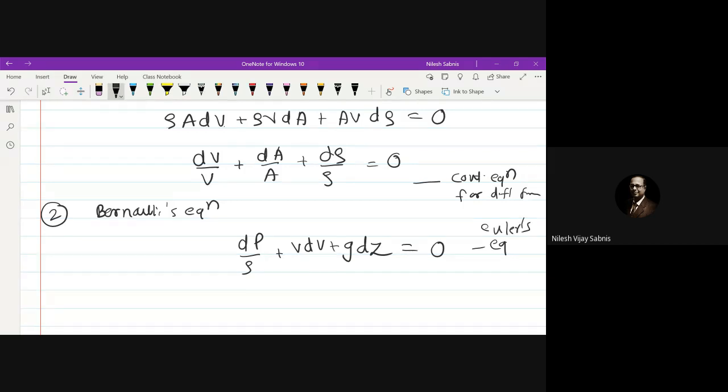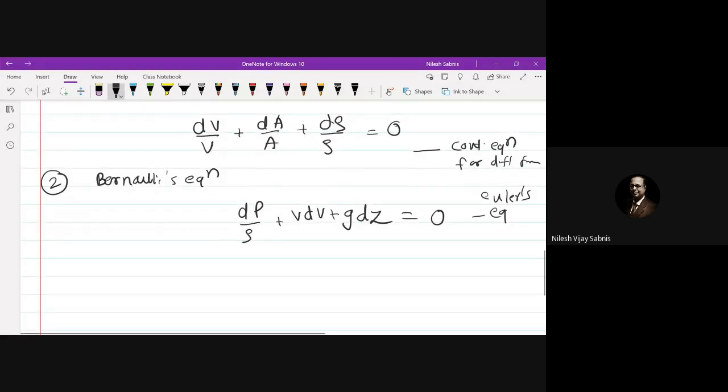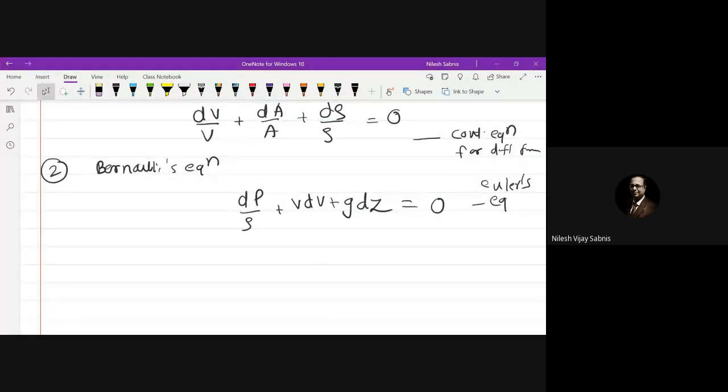Then we integrated it and got Bernoulli's equation.